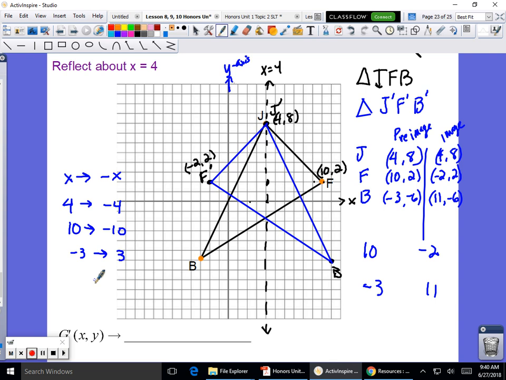But that's not what happened, right? Because we weren't on the y-axis. We had shifted 4 to the right. I want you to think about this. What happened? How did we get those numbers? All right. Think about it.